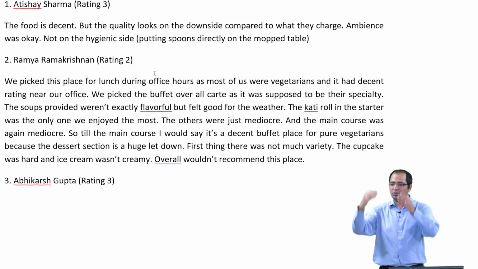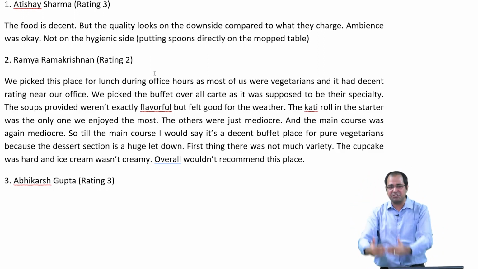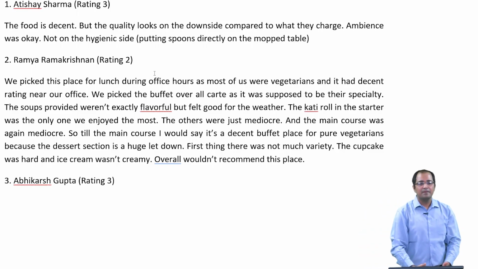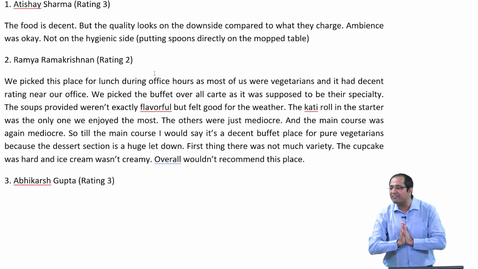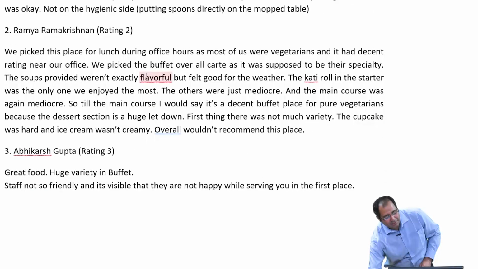The other way is you just take the latest 50 reviews and try to analyze them to see what could be the probable cause. Now in this case I have done it with only 5. So these 5 are the reviews given for that particular restaurant.